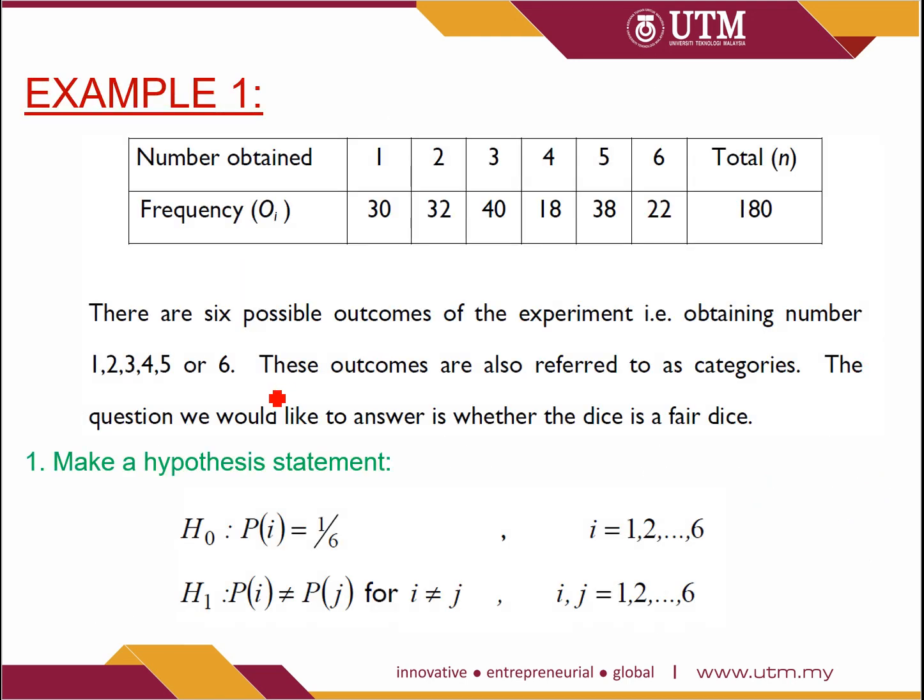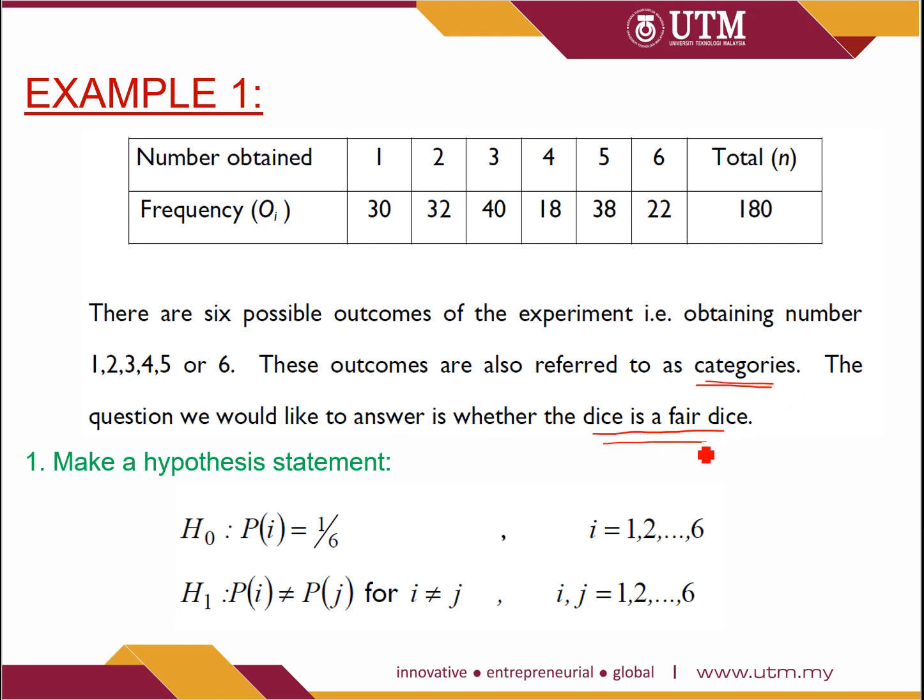Okay, let's see an example for the goodness of fit test. There are 6 possible outcomes of the experiment of obtaining number 1, 2, 3, 4, 5 or 6, and these outcomes are also referred to as categories. The question we would like to answer is whether the dice is a fair dice.